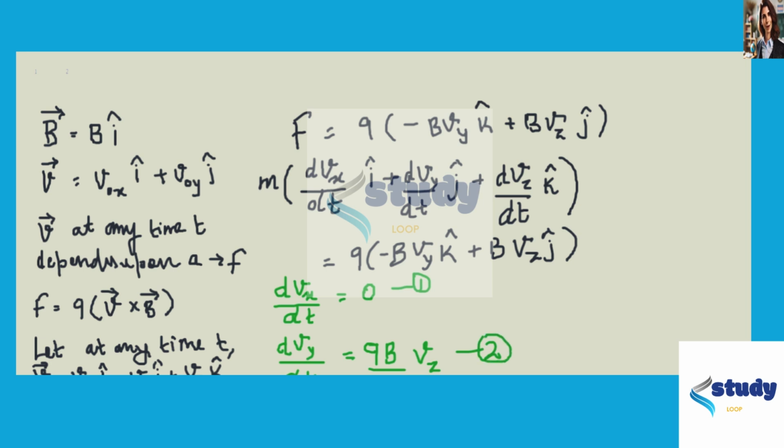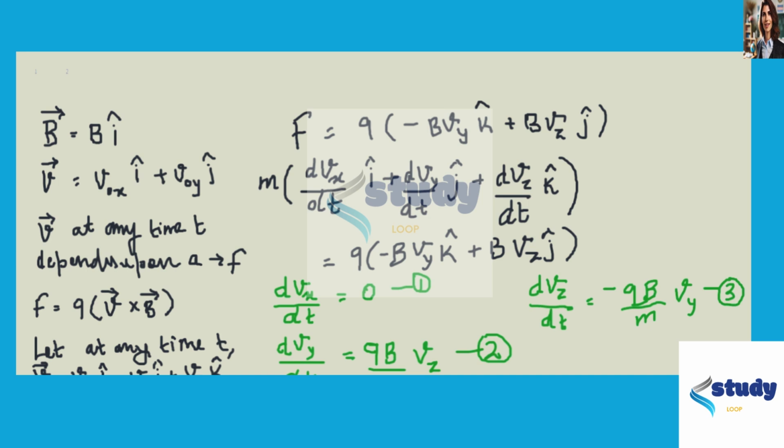Now comparing the components of k hat, dvz by dt equals minus qB by m vy. This is equation 3.